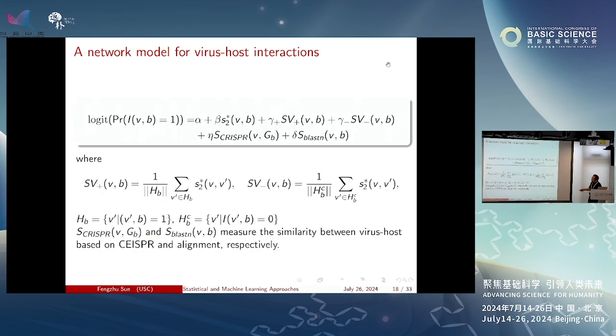And this one, S_VV minus, is how similar this V is to those V prime. And then this one measures similarity based on the CRISPR. This one is based on the alignment.